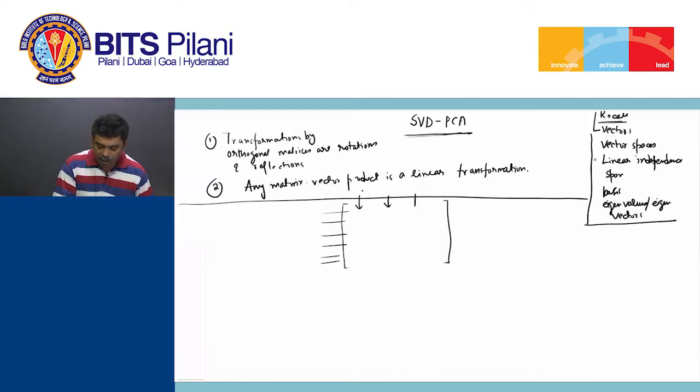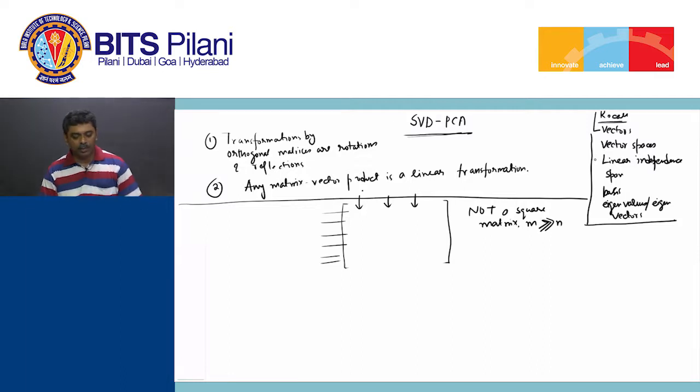Essentially this is not a square matrix to begin with, and the number of rows, which are m, are far greater than the number of columns.